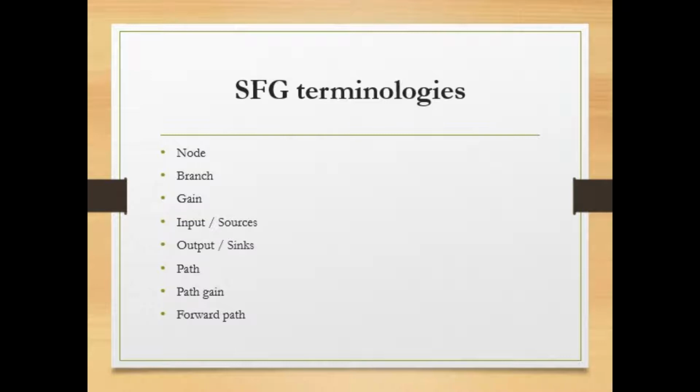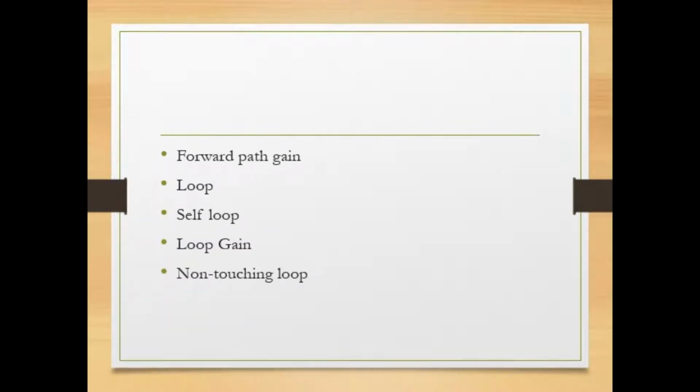That is the forward path. It's only in the forward direction. The path along the forward direction is nothing but the forward path. Next terminology is forward path gain. Whatever is the product of the branch gains in the direction of the forward path is the forward path gain.